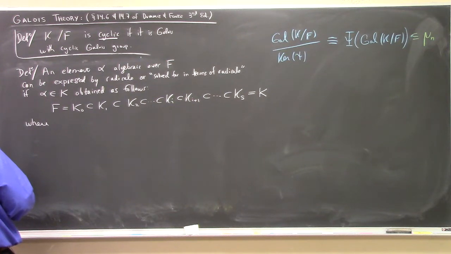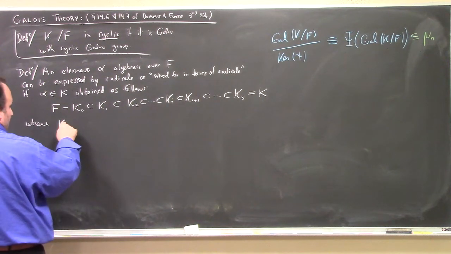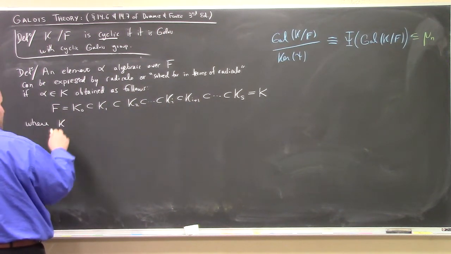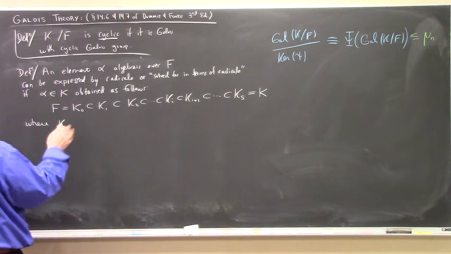Like we have radicals like root 2, root 3. But root 2 and root 3 don't nest, yeah?